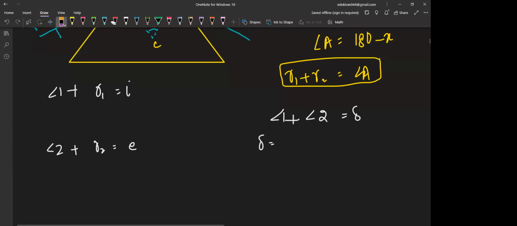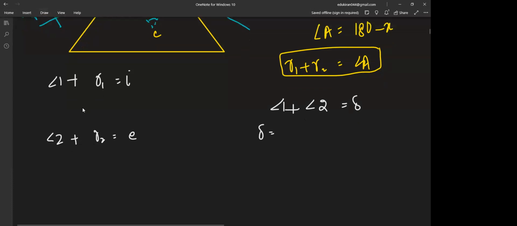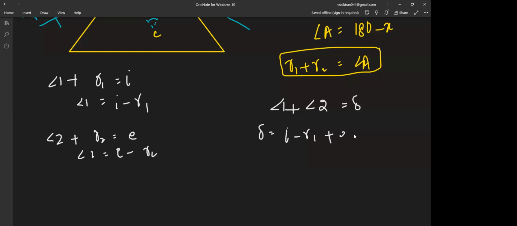Instead of writing the values of R1 and R2, let's write the values of angle 1 and angle 2. So angle 1 is equal to I minus R1, angle 2 is equal to E minus R2. So delta is equal to I minus R1 plus E minus R2. Clear? So delta is equal to I plus E minus (R1 plus R2).